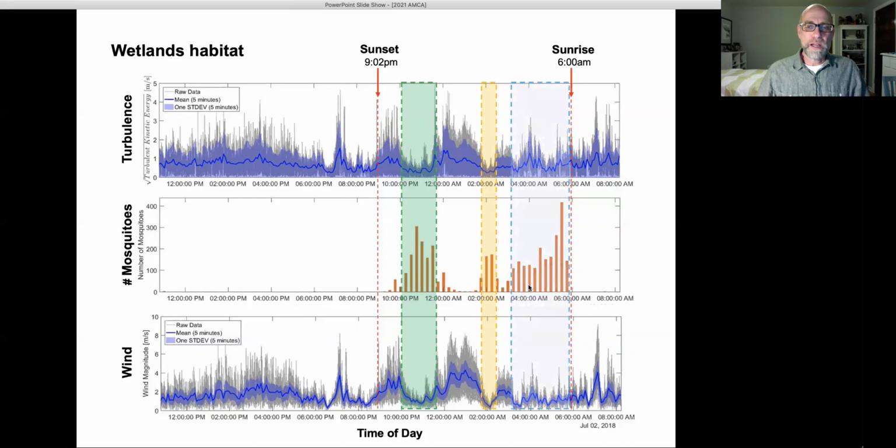Finally, as the night progresses, we enter a phase where the wind magnitude is relatively low, and the turbulent kinetic energy fluctuates somewhat variably, but this is correlated with a fairly robust number of mosquitoes being caught. You can see that in general, both turbulence and wind magnitude vary quite considerably, both during the day and the nighttime periods.